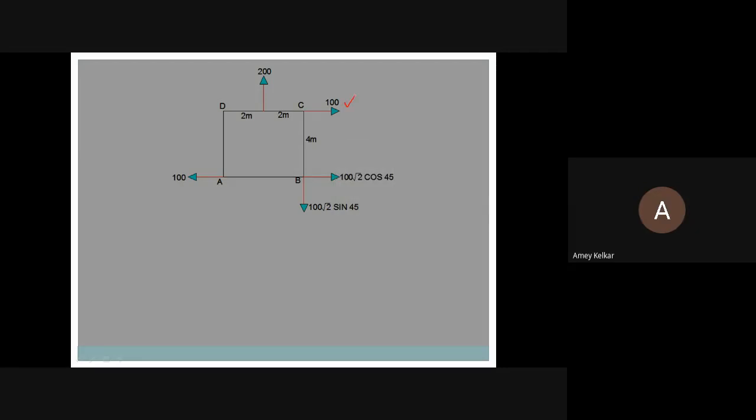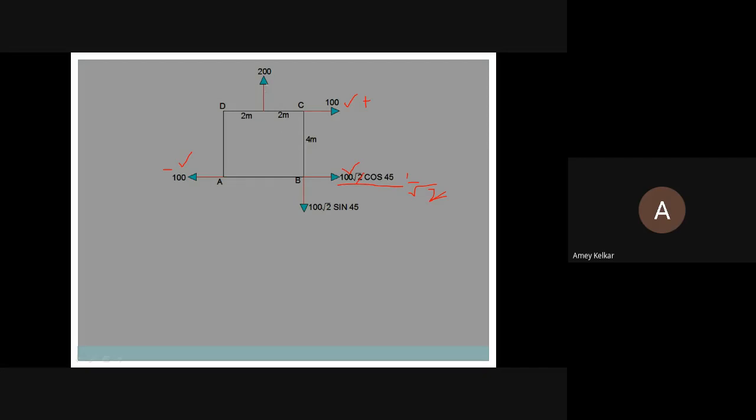Now this 100 is in plus direction, and this 100 is in minus direction, so they will cancel out each other. What remains is 100√2 cos 45. This cos 45 can be written as 1 by √2, so this and this get cancelled. So the answer has to be 100 only. Don't use a calculator here. It will be easily solved.